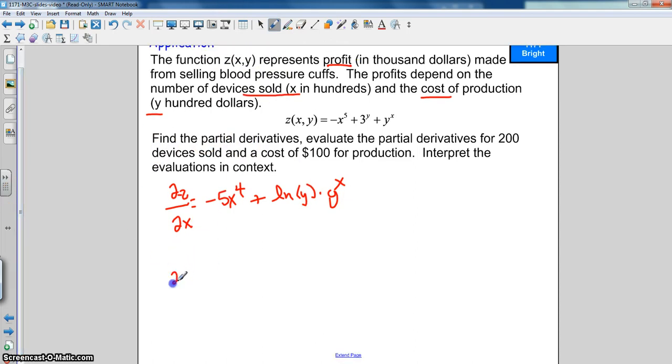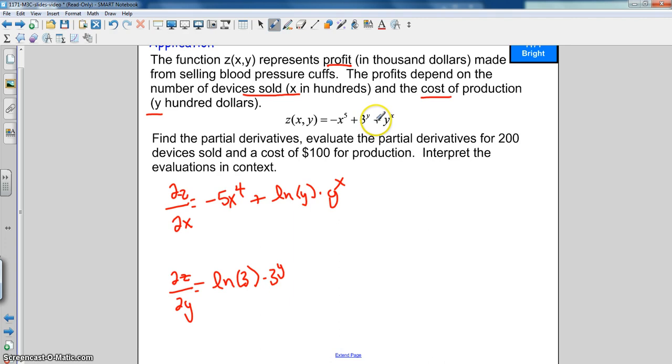Doing the other derivative, del z del y, progressing through this, x is now a constant, so this first term is constant, and the derivative of a constant is 0. Leave that alone. This one is an exponential expression, so the derivative of that is going to be natural log of 3 times 3 to the y.